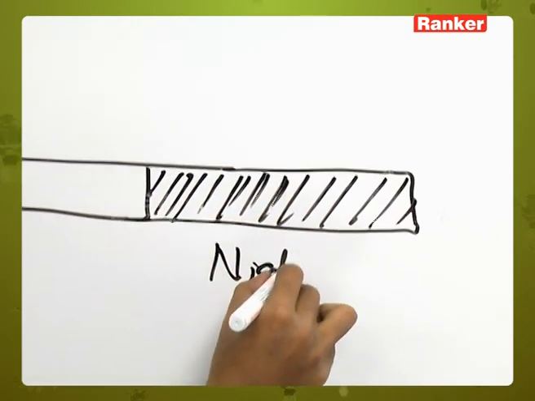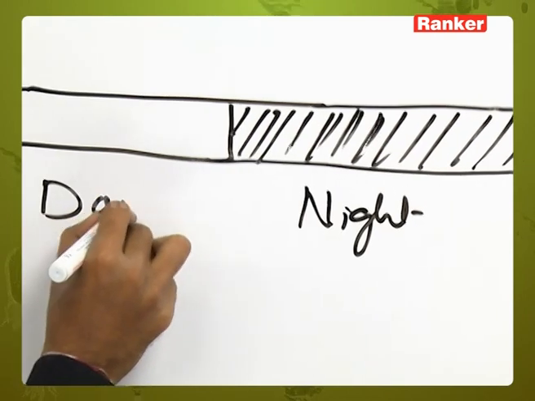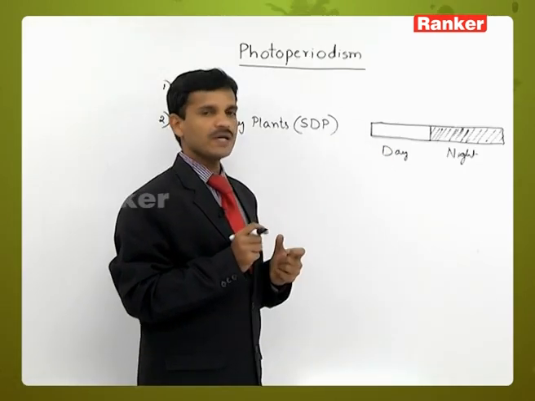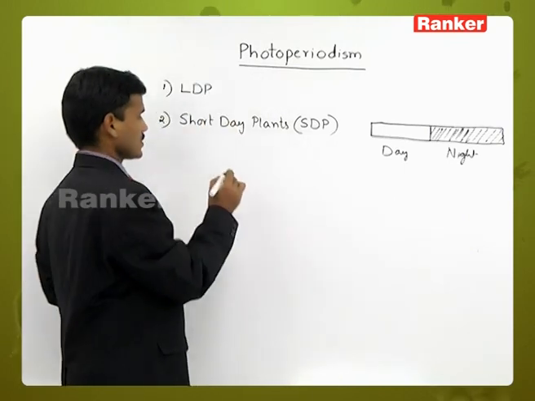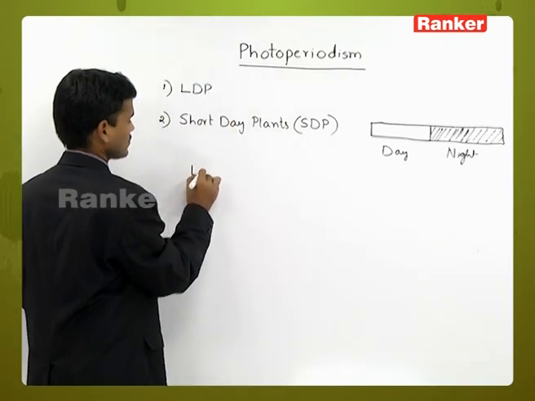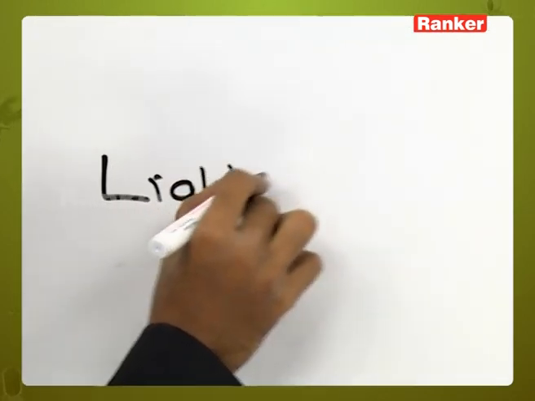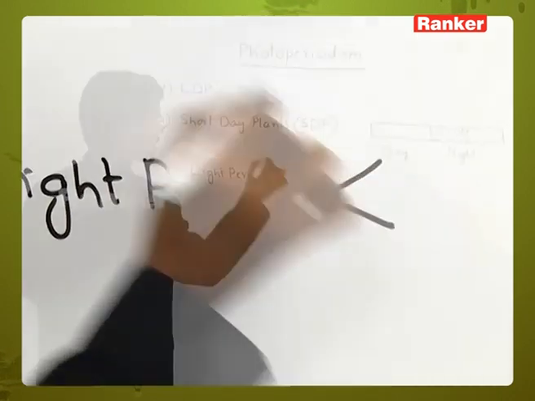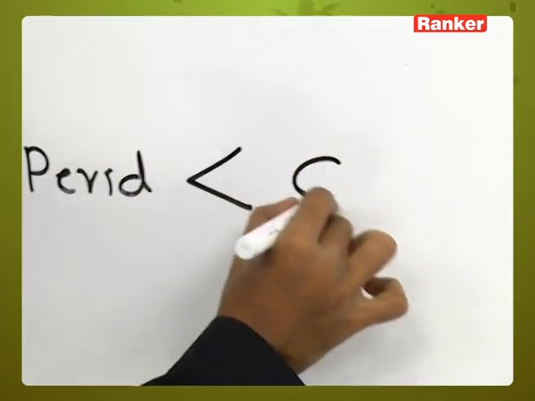Here there is night time and daytime. The plants require the day period to be less than the critical duration.